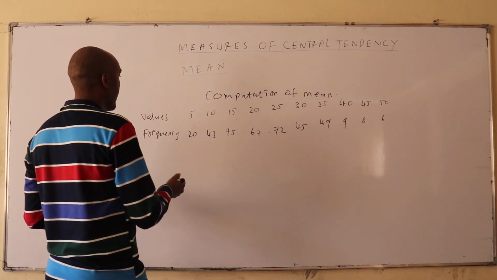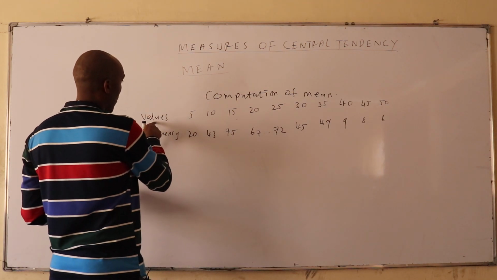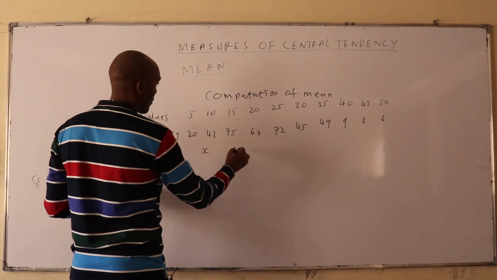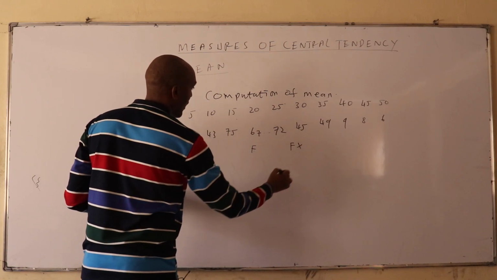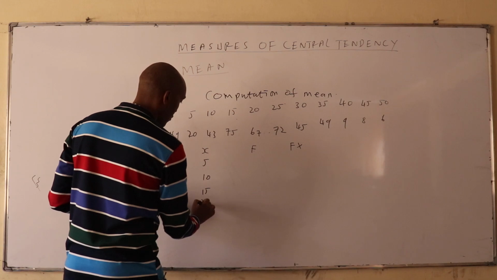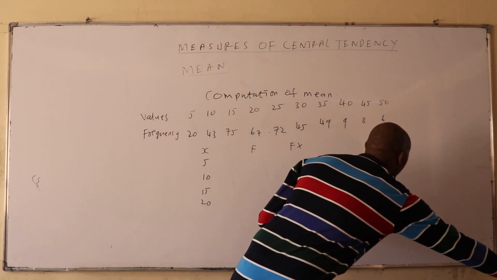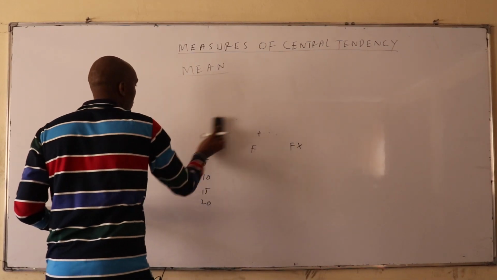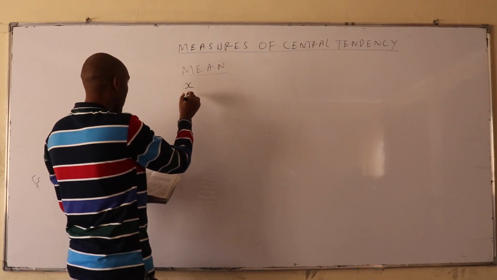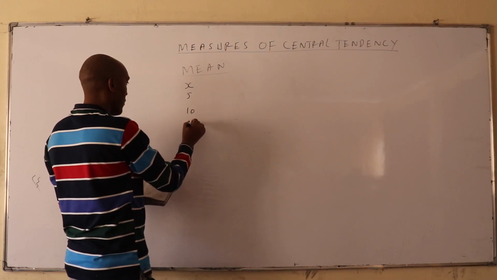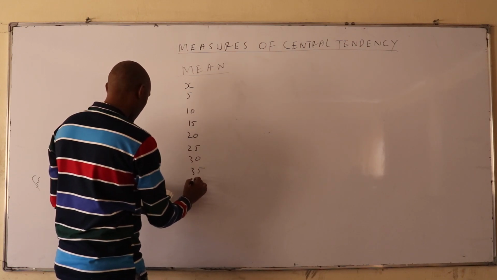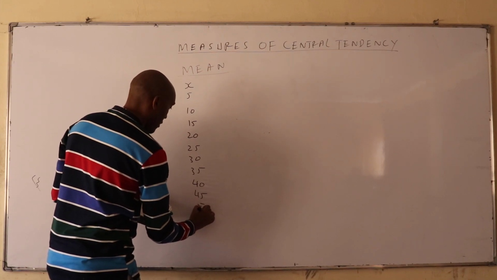Using the same formula, our x is the values, so I'm going to use x, f, then we look for fx. The values 5, 10, 15, 20 will not fit the board, so our x now is going to be 5, 10, 15, 20, 25, 30, 35, 40, 45, 50.